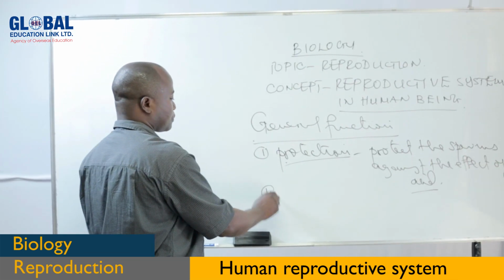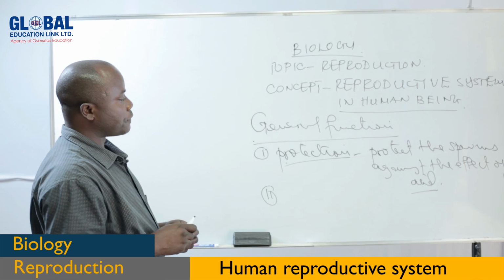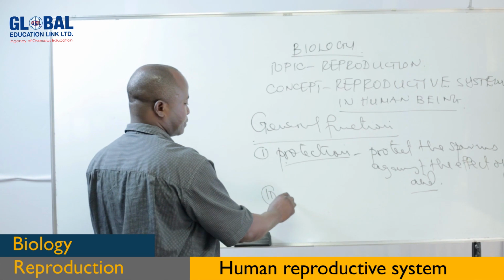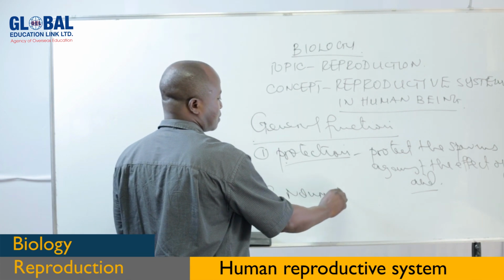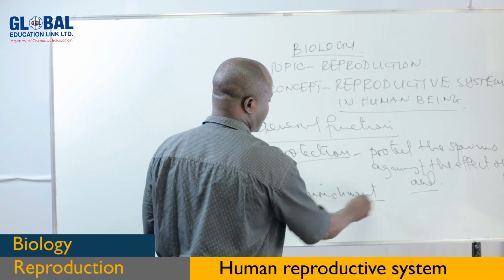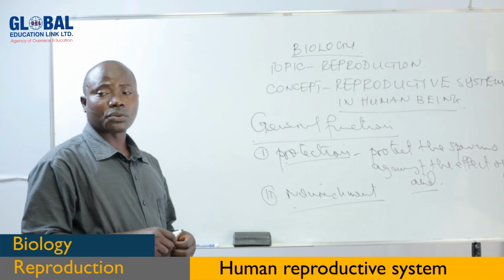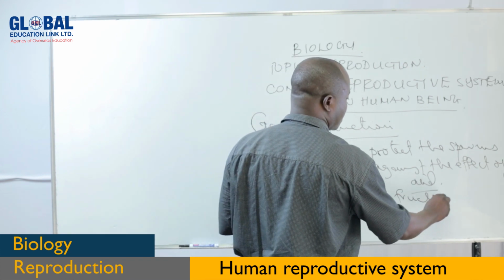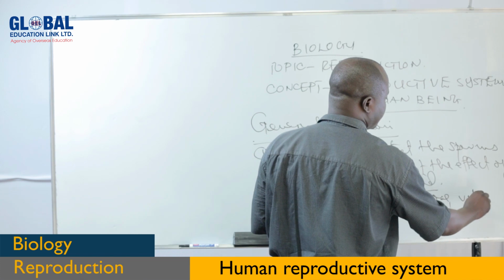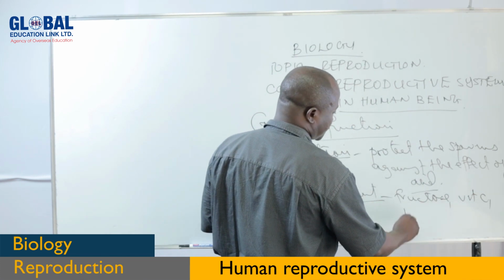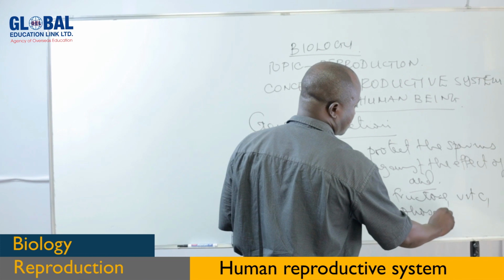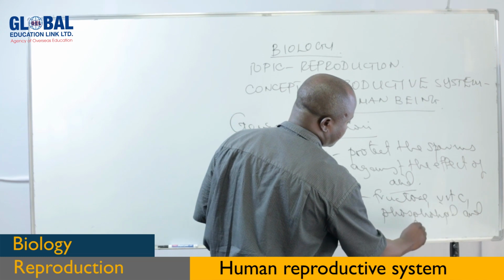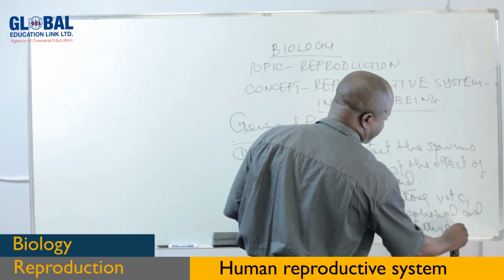But also, another function of the fluid secreted by these accessory glands is nourishment of the spermatozoa. That's why you have seen that there are fructose, there are vitamin C, there are phospholipid, and the fatty acids.